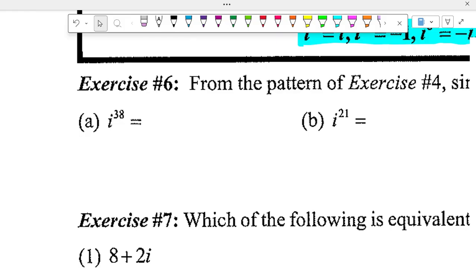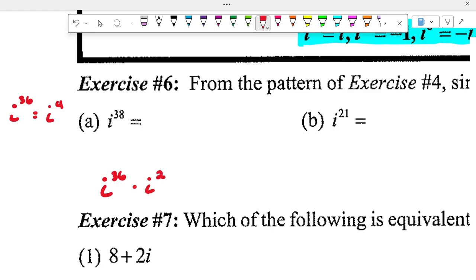What number is that? And I want the one that's lower than 38. 36. So I to the 36 is equal to I to the 4th. So that's 1. So if I have I to the 36, how many do I have left over? 2. So I have I squared.